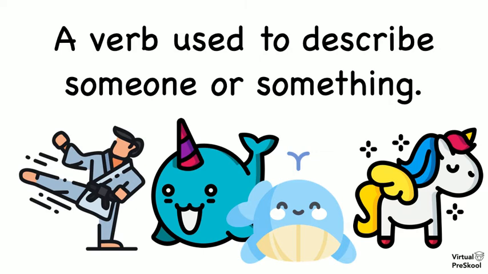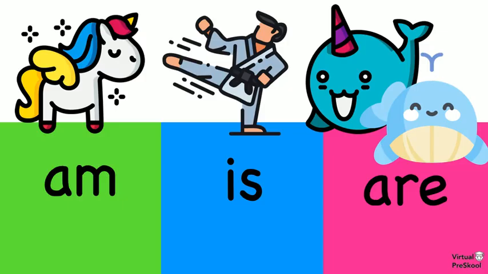I am a colorful unicorn. Am is a state of being verb and is describing the colorful unicorn. So see how the verbs is, are, and am are not necessarily physical. You're not necessarily doing something or moving your body, but they describe a person, a thing, or an animal.